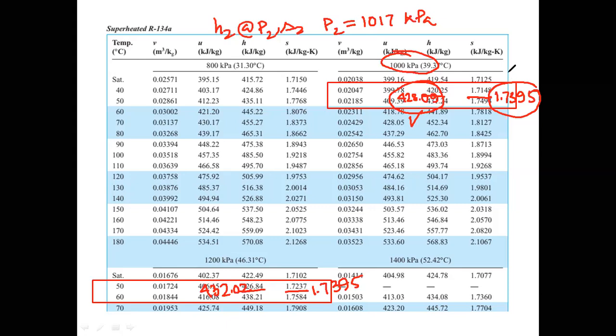That S2 value is this one, but this P2 is not 1000 kilopascal. Neither is that P2 value 1200 kilopascal. Therefore again we have to interpolate between 1200 kilopascal and 1000 kilopascal, keeping the pivotal point as entropy.